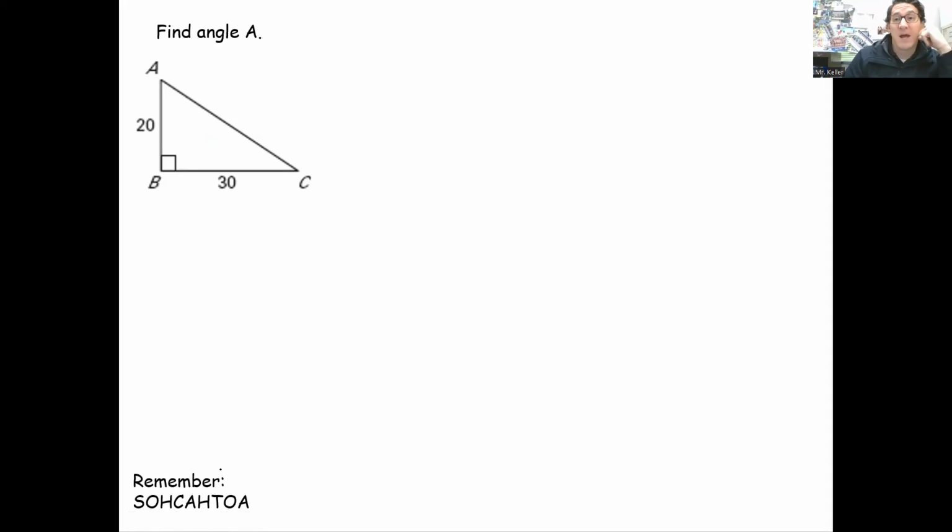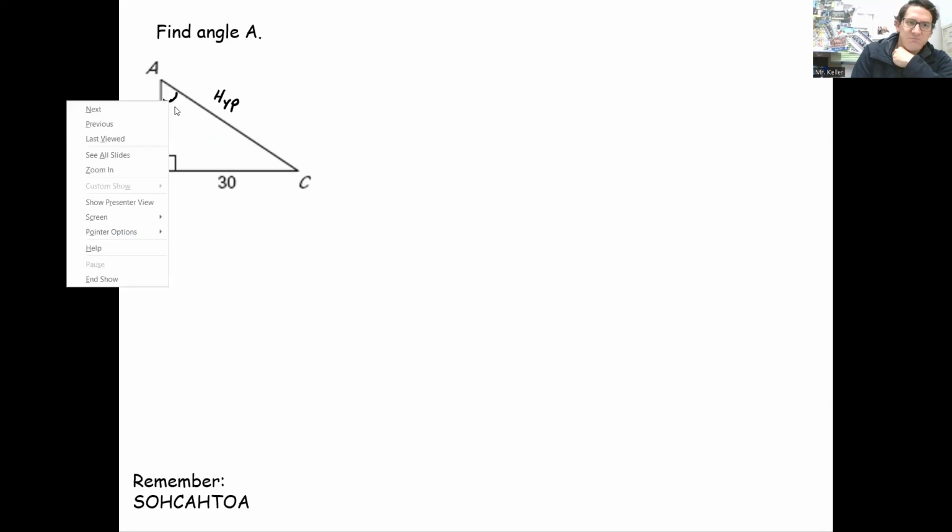So we're finding angle A. This one we do need to use SOHCAHTOA. First thing I'm going to do is label the side lengths opposite, adjacent, hypotenuse. This side length here is the hypotenuse, the longest side. We're trying to find angle A, so I'm going to put my eyeball in angle A here.